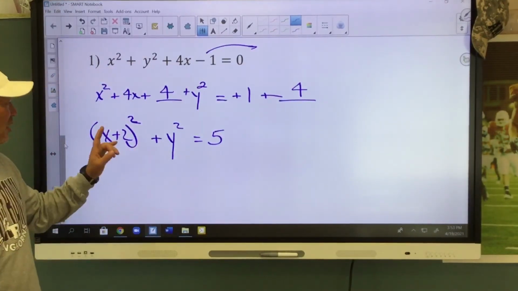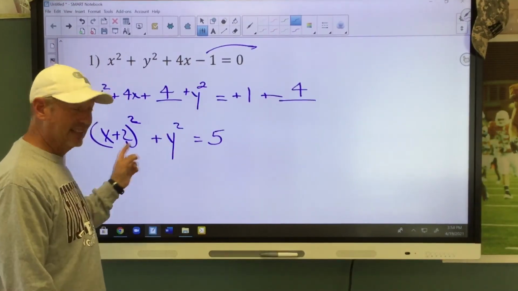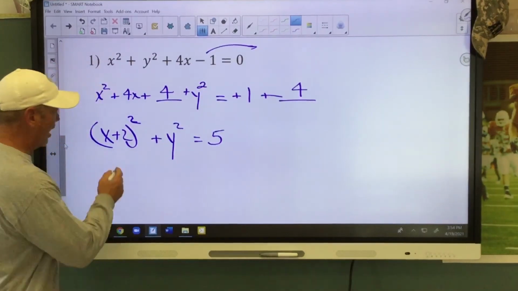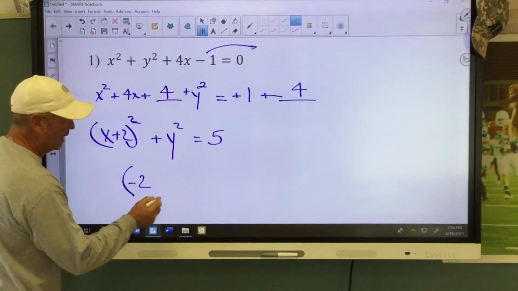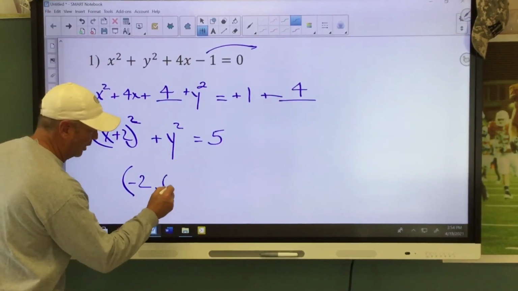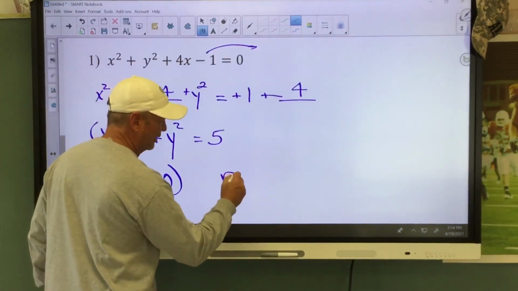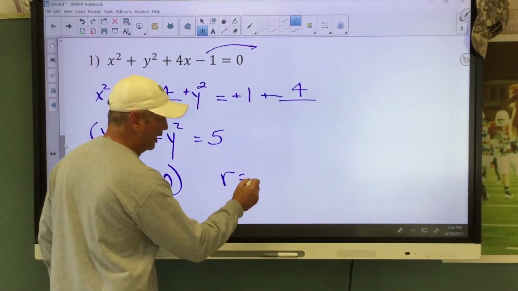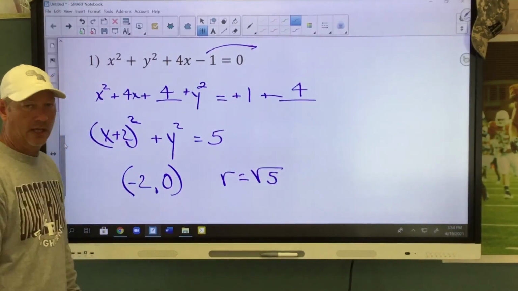My equation is in standard form, but what helps us find the center is the opposite of positive 2, which is negative 2. There's nothing in parentheses to take the opposite of, so we're going to get a 0. My radius is the square root of 5, because you can't simplify that.